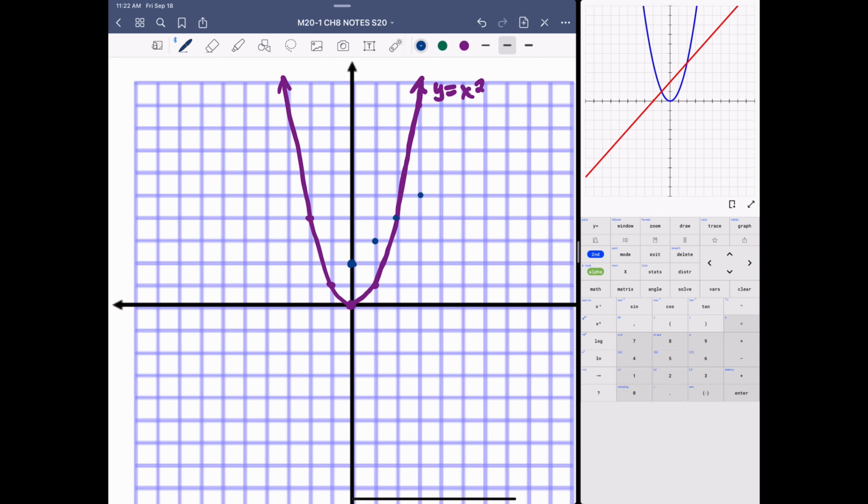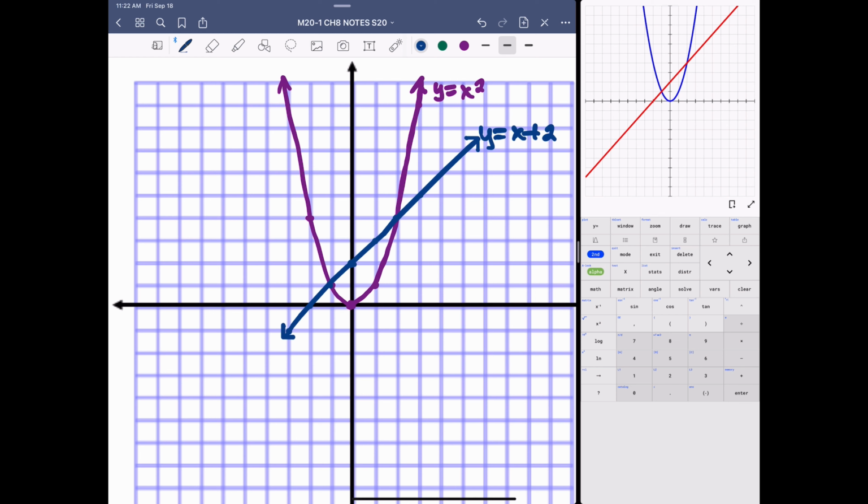So down 1, left 1, down 1, left 1, down 1, left 1, etc. I can join those points with a line. And there we have y equals x plus 2. So we've got our two graphs sketched.